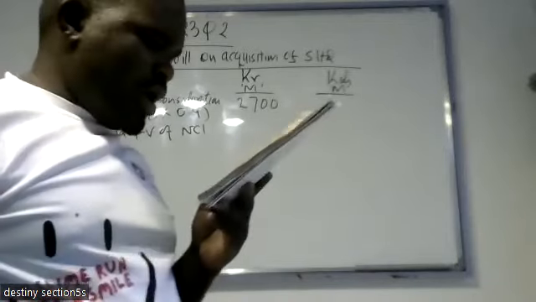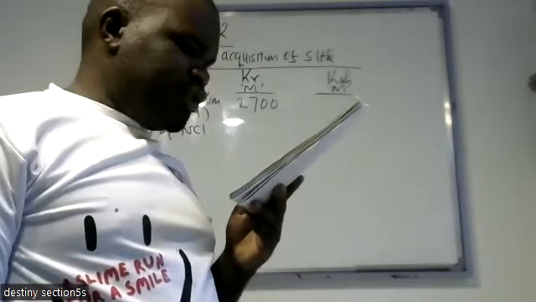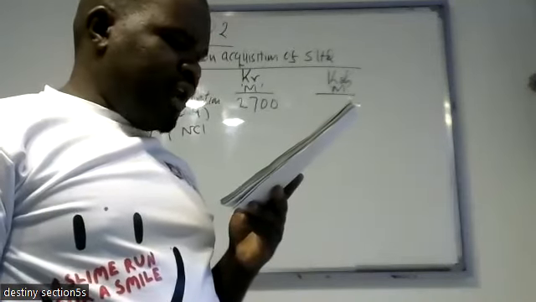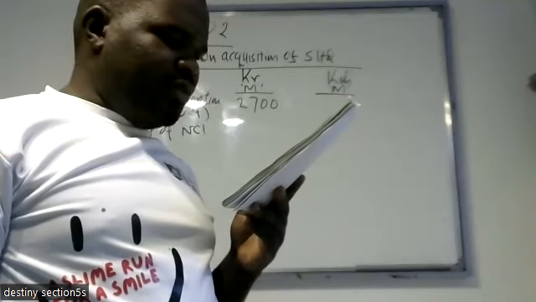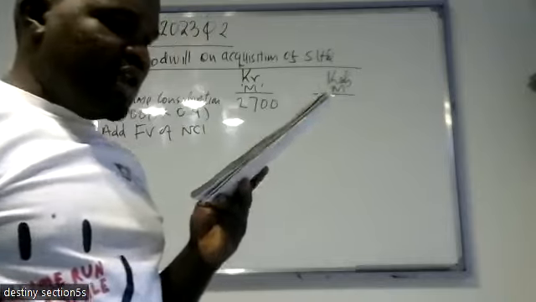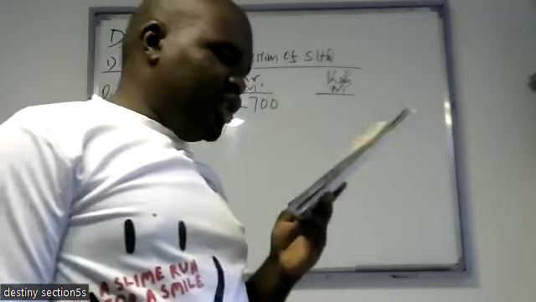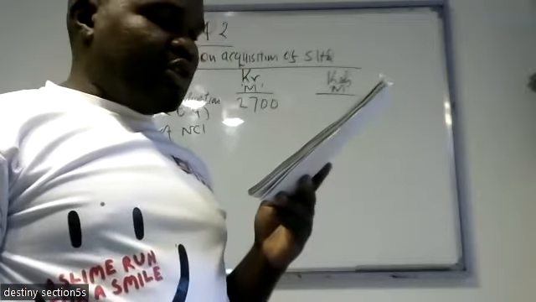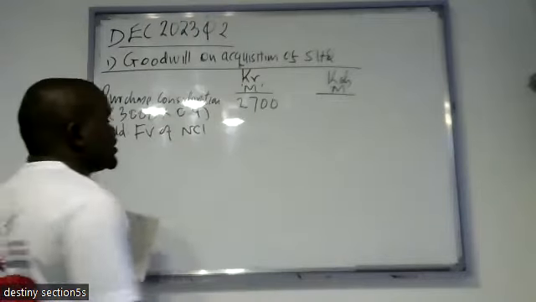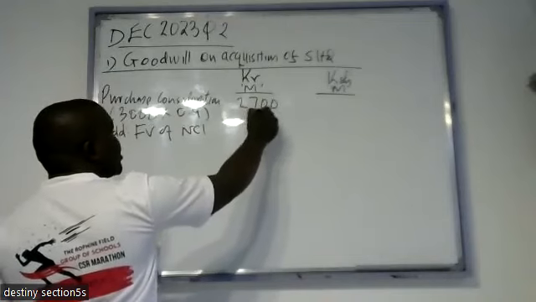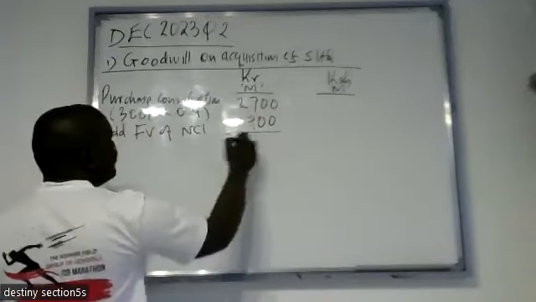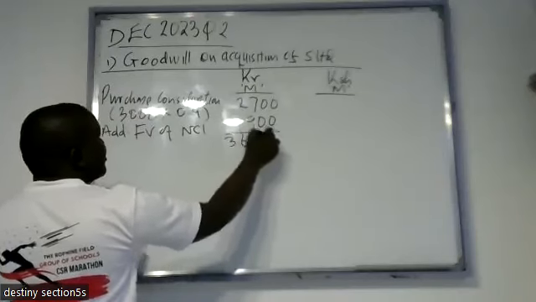They said in note number 2, check note 2, H Limited uses the fair value method to measure the non-controlling interest in subsidiaries. The fair value of the non-controlling interest in S on 1st October amounted to crowns 900. So that one has already been stated in crowns, so you don't have to translate. So this one here will give you 36.